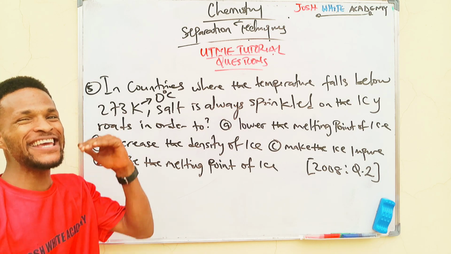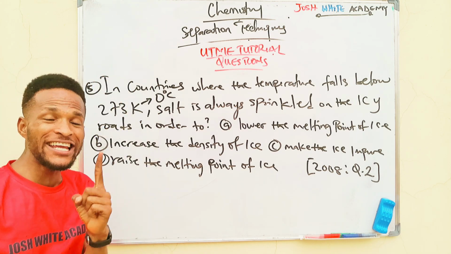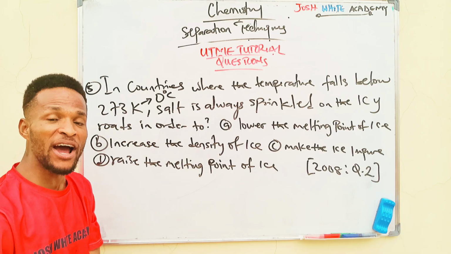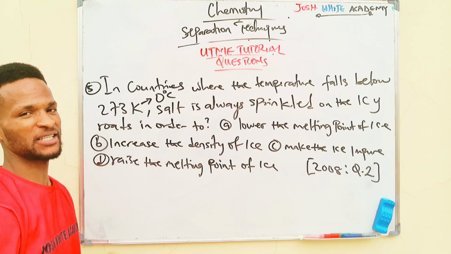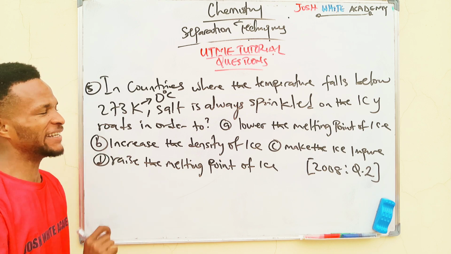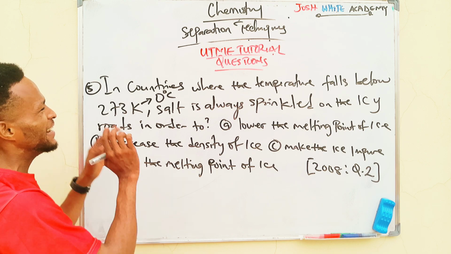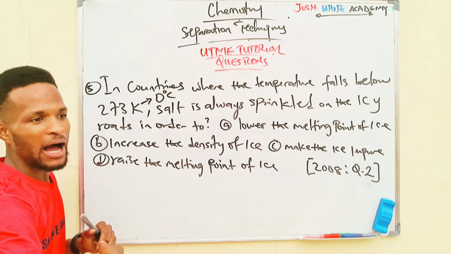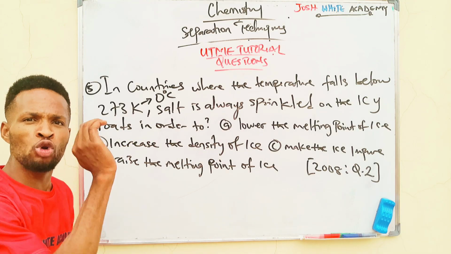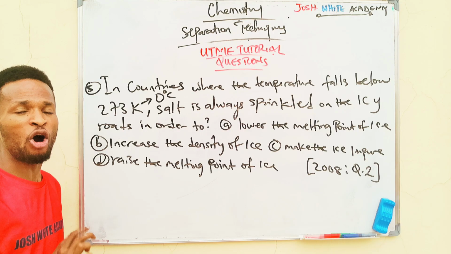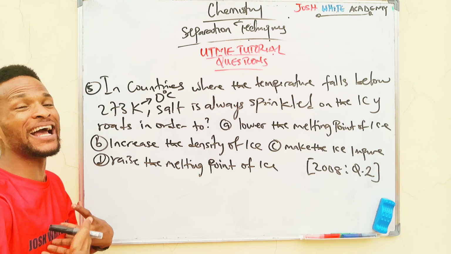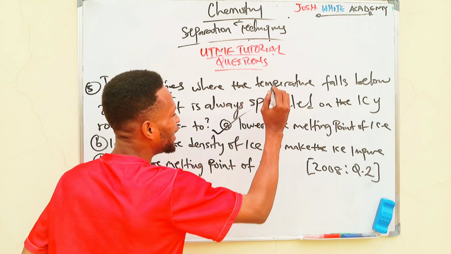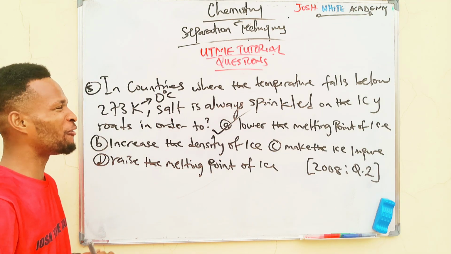Impurities increase boiling point but decrease melting or freezing point. As I said in the test for purity, in countries or cities like this, salt is sprinkled on the road to lower the melting point or freezing point of ice, to make the ice melt. So our answer is to what? To lower the melting point of ice.